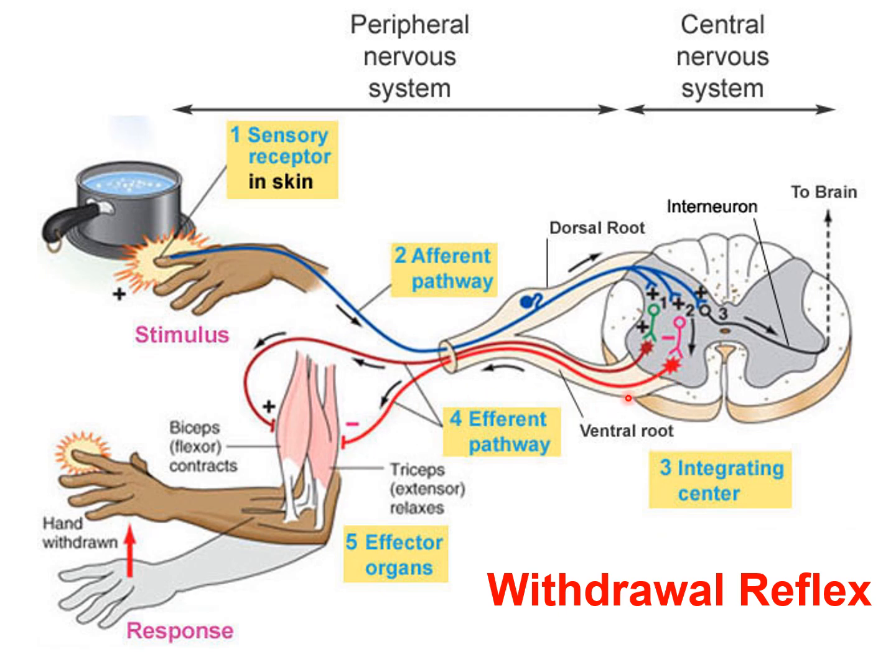And then the other thing is that we're also going to synapse and cross over, or decussate, and then take the signal up to the brain to let the brain know that you're burning your hand on the stove. And one thing that you probably have noticed about a reflex is that you will pull your hand away really quickly from the stove before you even feel the pain.